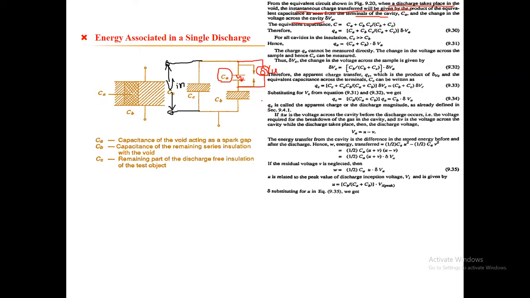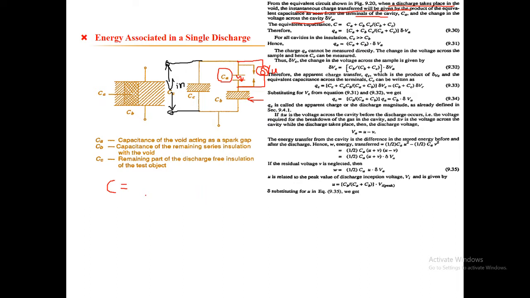So when I am looking at the equivalent circuit from the cavity side, the equivalent capacitance will be CA in parallel with the series combination of CB and CC.